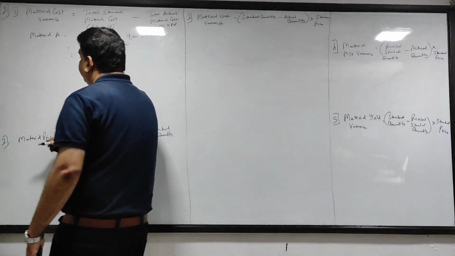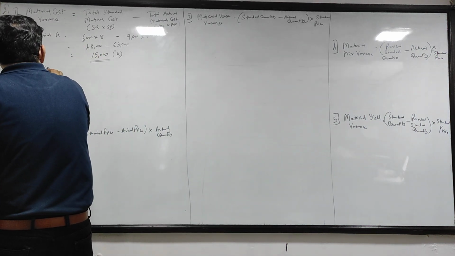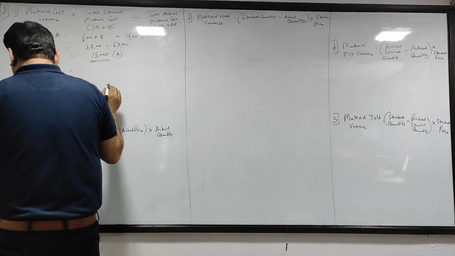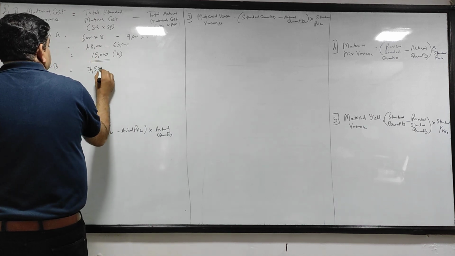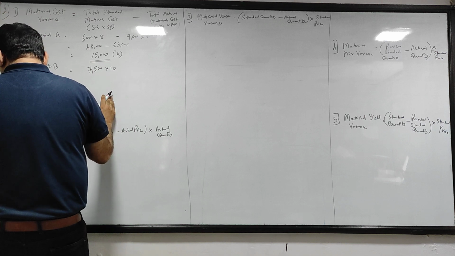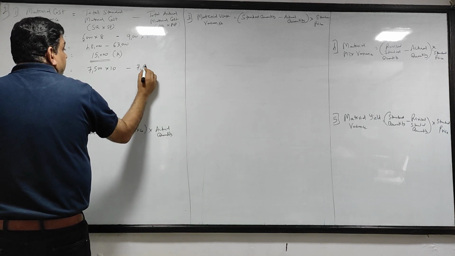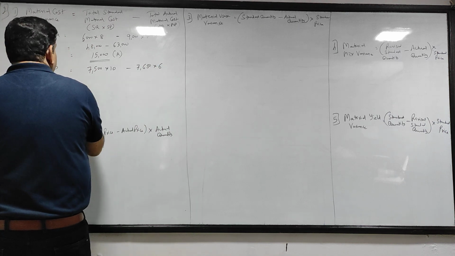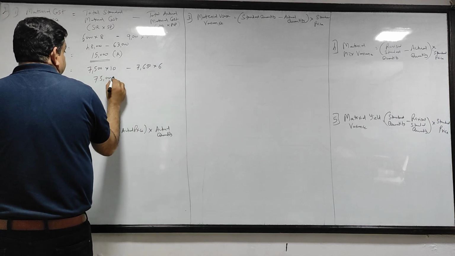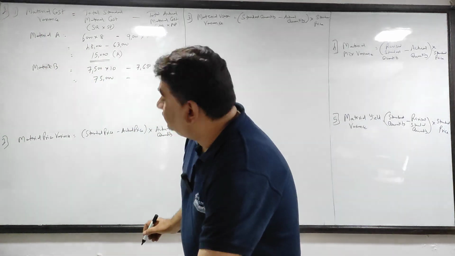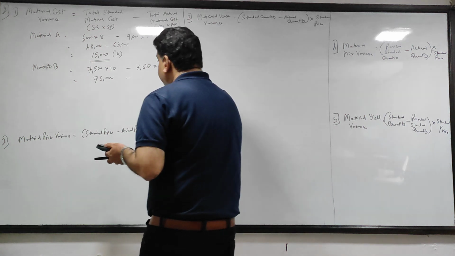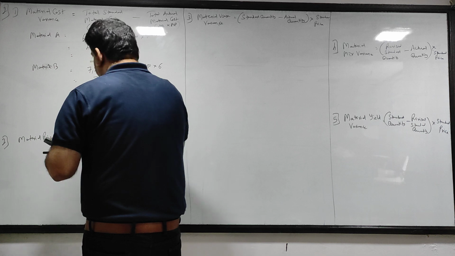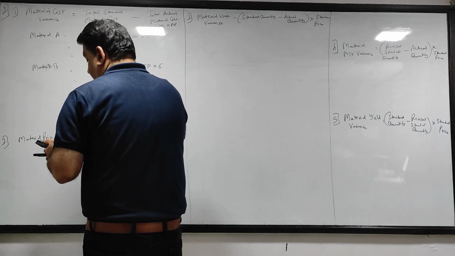Exactly the same way we will do material B. Standard quantity 7,500 into standard price 10, that is 75,000, minus actual quantity 7,650 into price 6, that is 45,900.